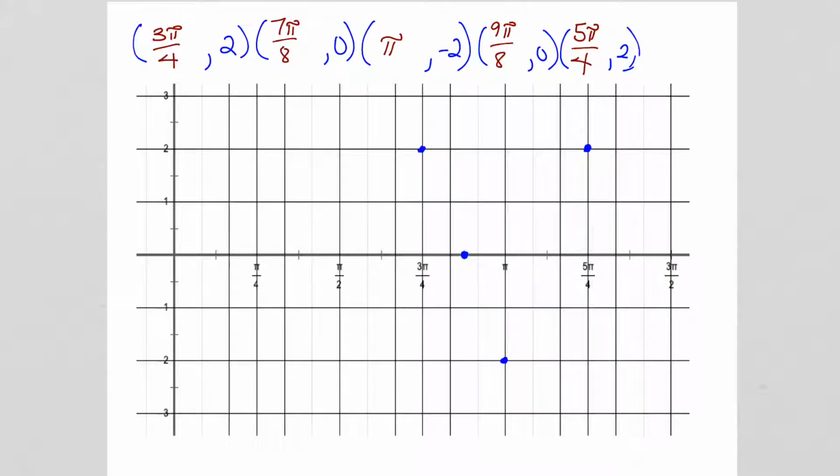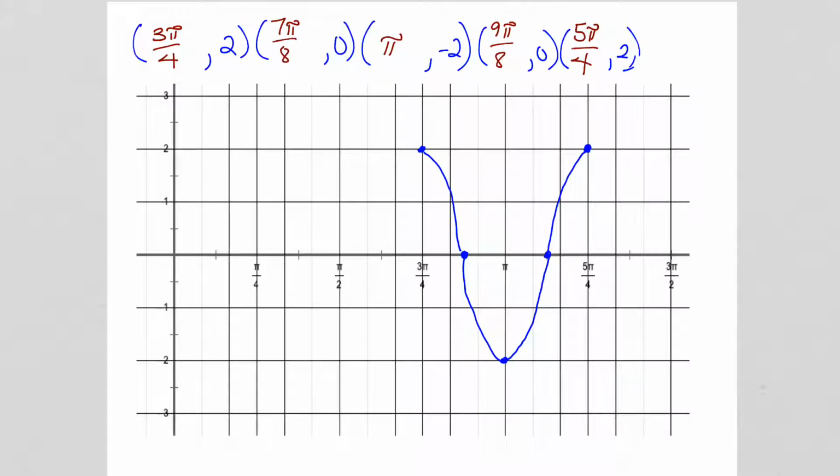So there's our 7 pi over 8, 0. And then halfway between pi and 5 pi over 4, we're going to be at 0 again. So here is one period of our graph.